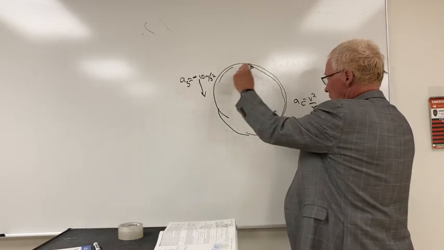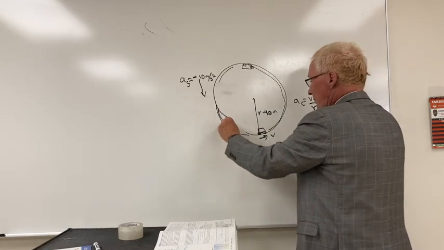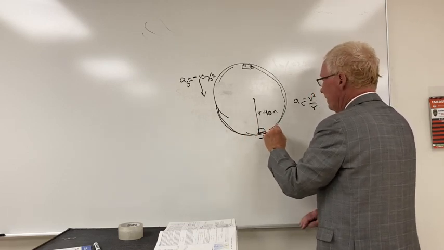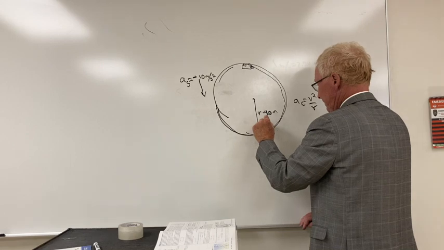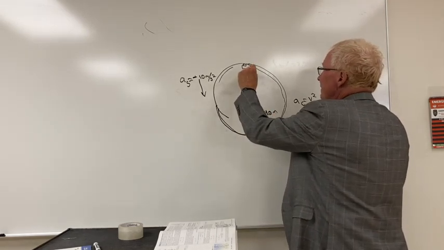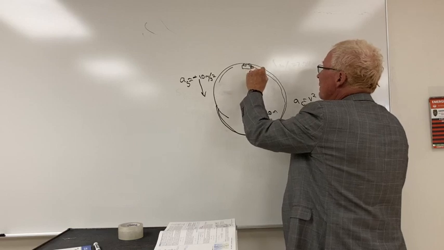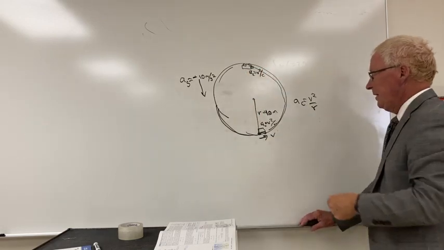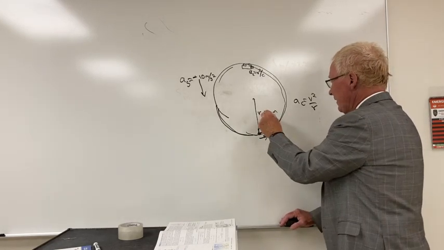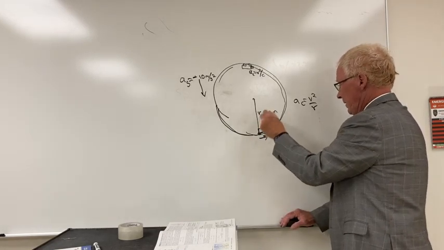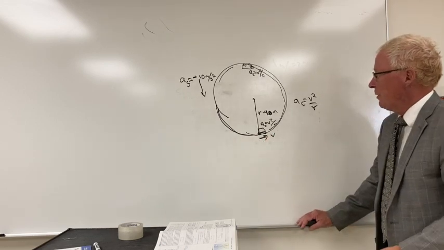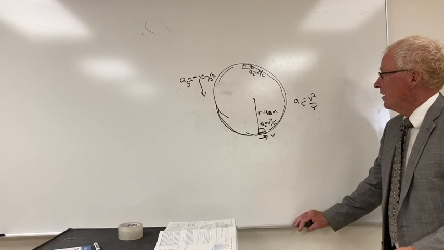When this thing is going, at the bottom part, in all cases, we have a_c is v squared over r. Assuming it's going at constant speed the whole time, based on that, what would be the net acceleration field on this thing?